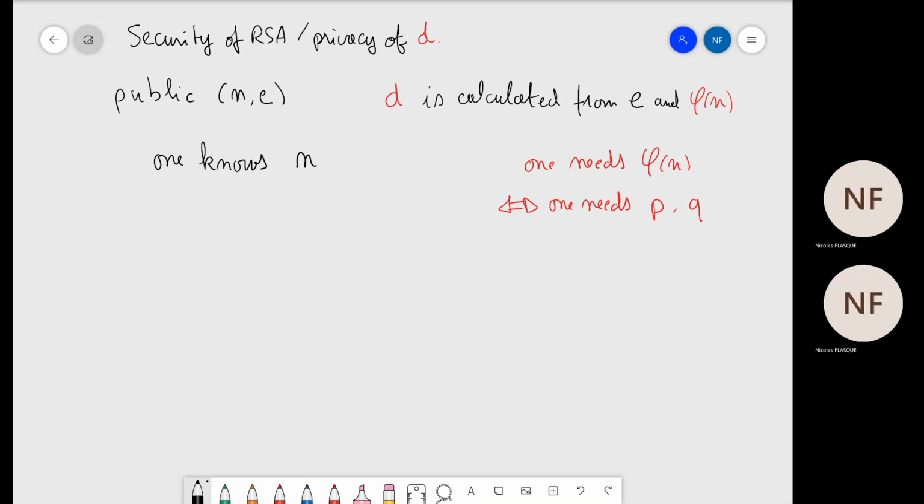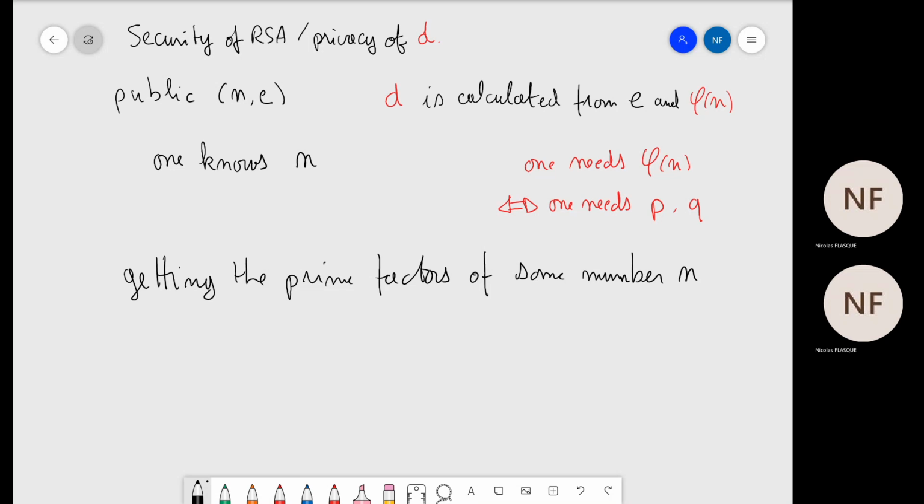If you know only some number N, getting the prime factors of N is extremely difficult.